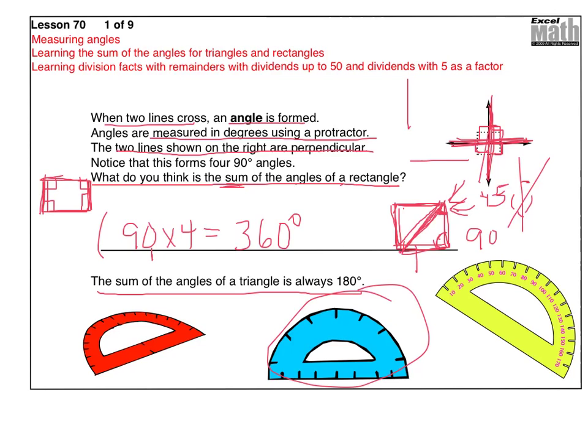And then we have another one of those angles over here in the triangle that measures 45 degrees. And if I add up 45, 45, and 90, I get 180 because 45 plus 45 is 90, and 90 plus 90 is 180. So that shows you why that triangle measures 180.